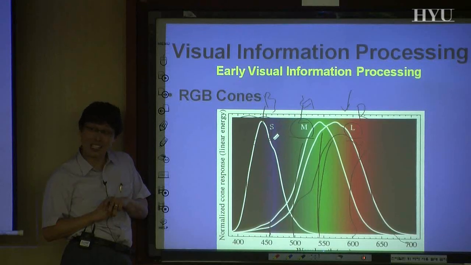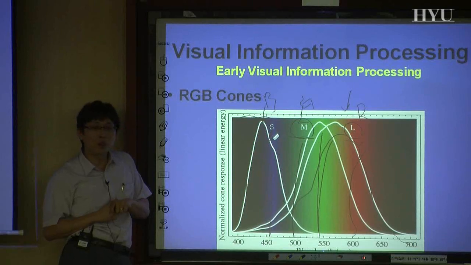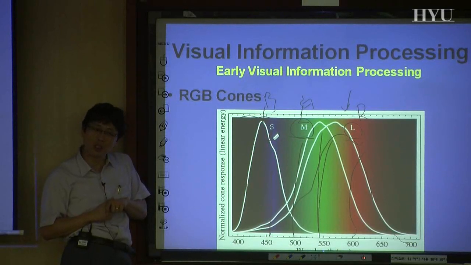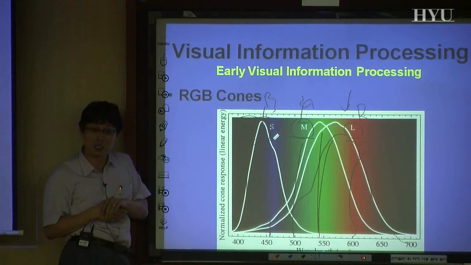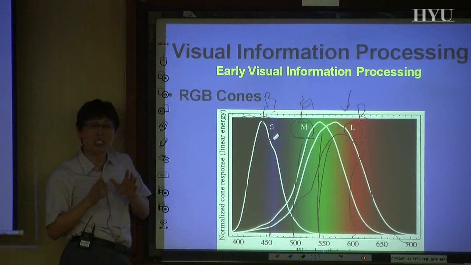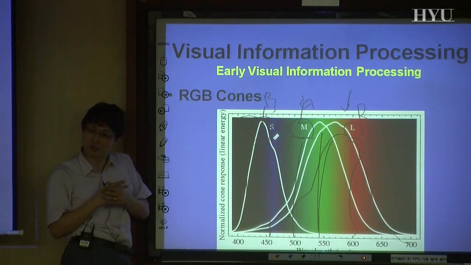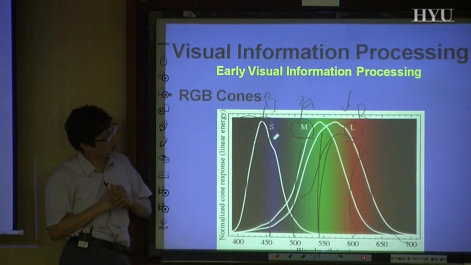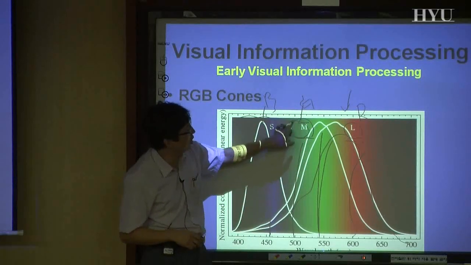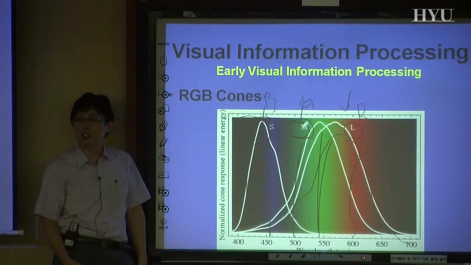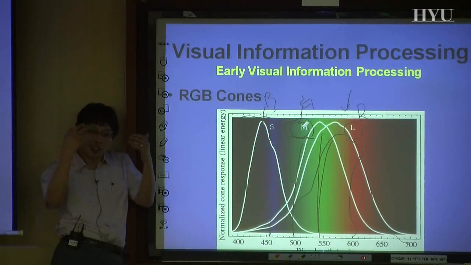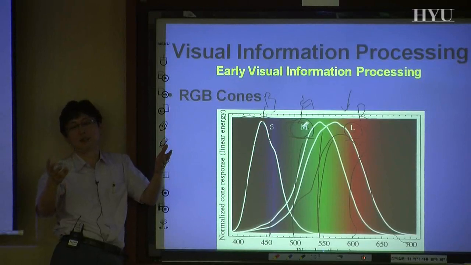That is the first question. And the second question is, if one of the cones is totally impaired or damaged, do you think our color perception is exactly the same as what we see now? Perhaps if the green cone is totally malfunctioning, can we see the color as it is?